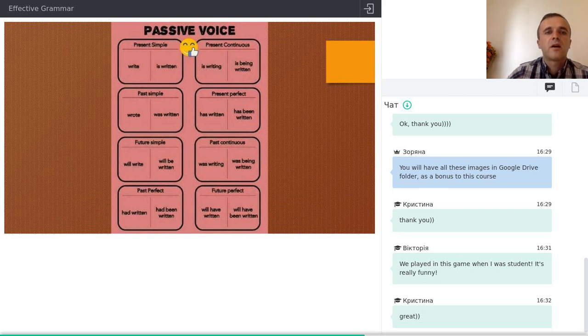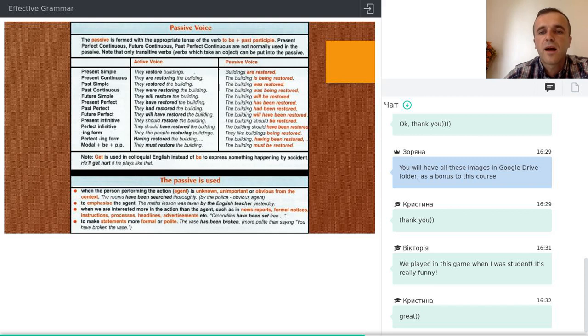You can give them this template just to use some different functions and how to form the passive voice. Yes, and they can use it in grammar, in sentences, in making up different sentences.